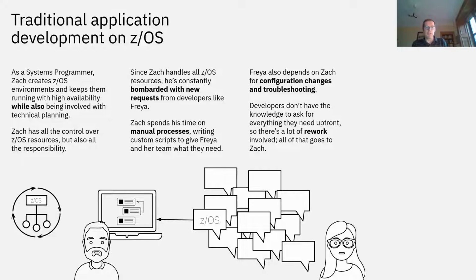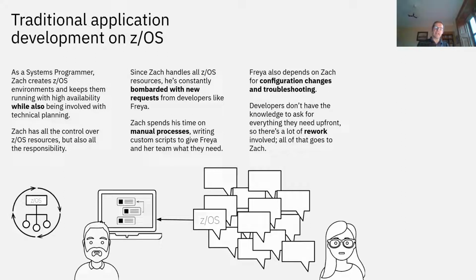However, when she needs to test her applications with z/OS, she relies heavily on Zach. Zach asks her complicated questions like, what CICS region are you using? Questions she can't answer. What transaction ID are you using? And it's quite a frustrating experience.